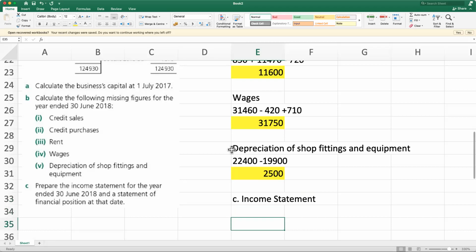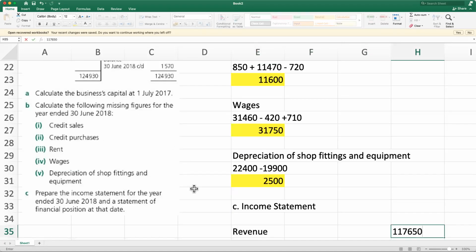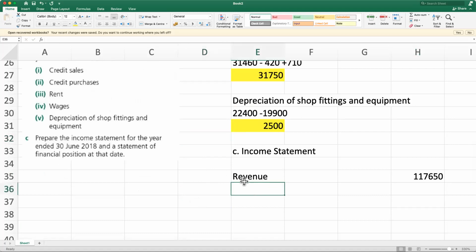So for the income statement we start from sales, which normally they call revenue. So let's just put it at the end here, 117,650. Done. And then I suppose there are no returns whatsoever, so now we just have less cost of sales.